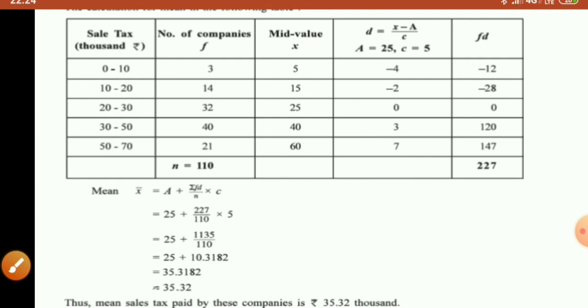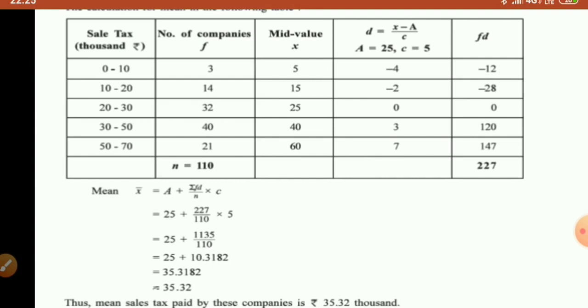By dividing and multiplying, I'll get the value 10.3182. So I'll sum them up and the final answer is 35.32.